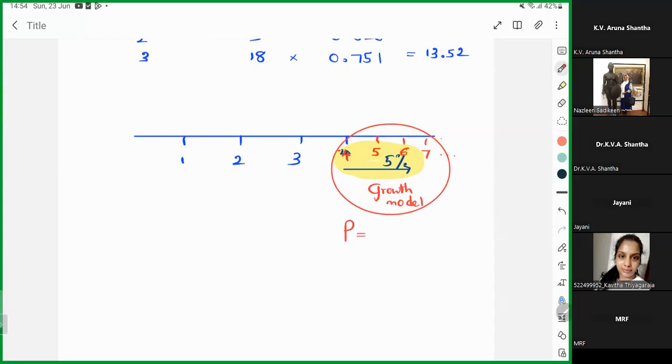So how do you get the P value? D1 divided by Ke minus g. This P value is the value at the end of the third year.